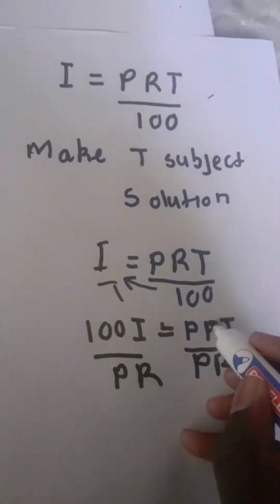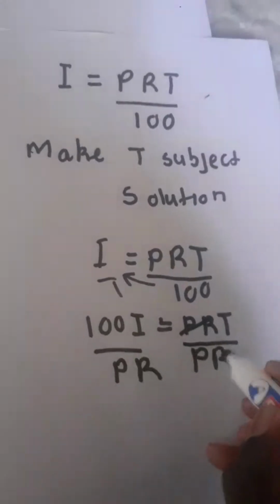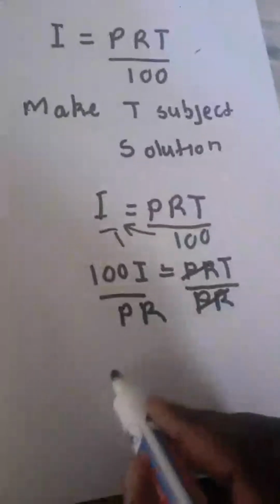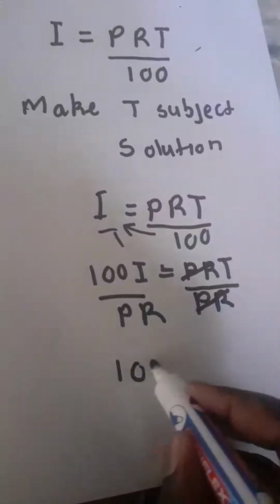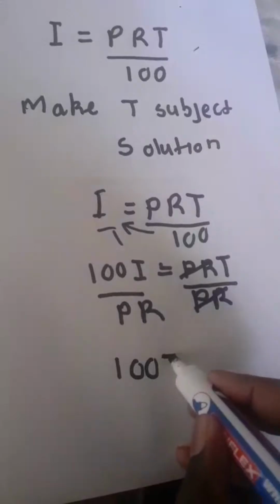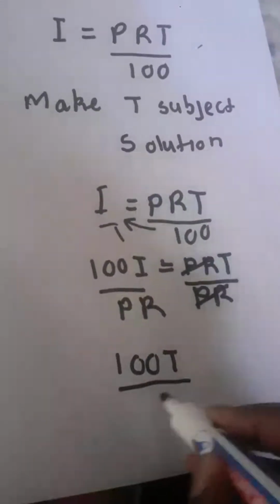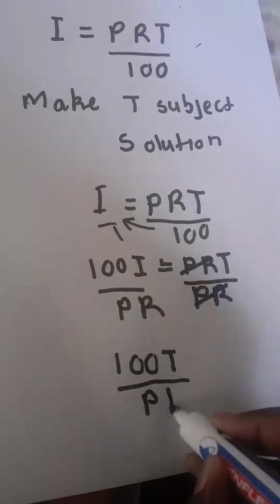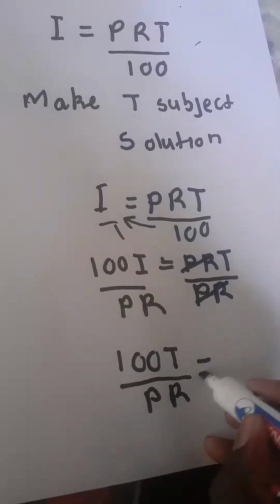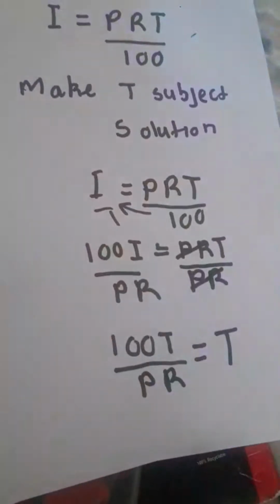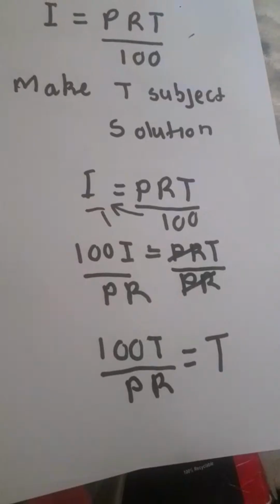So P and R cancel each other. So it's now 100I over PR is equal to T. So that's the subject of the formula.